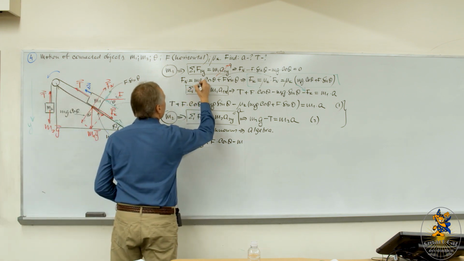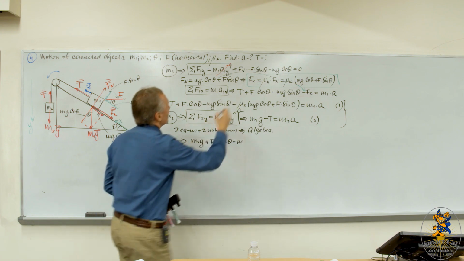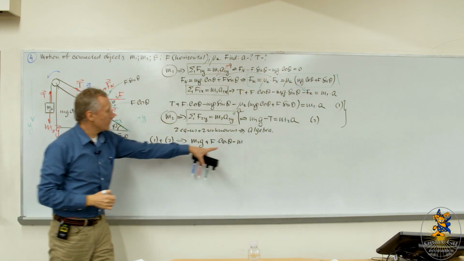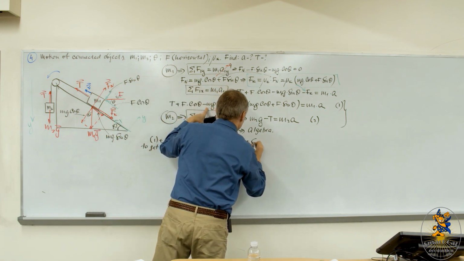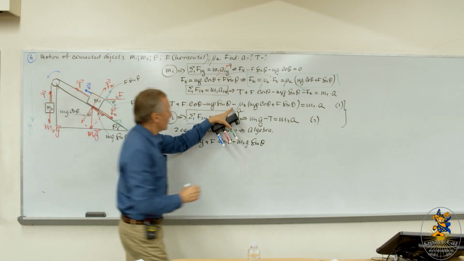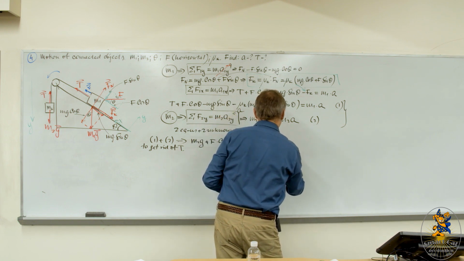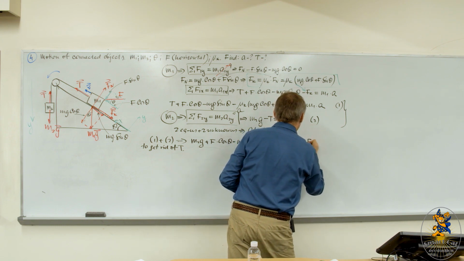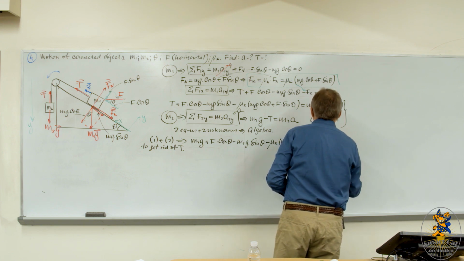And over here, it's M1. And over here, M1. Okay, so now this is M1 G sine theta minus mu k M1 G cosine theta plus F sine theta equals to.